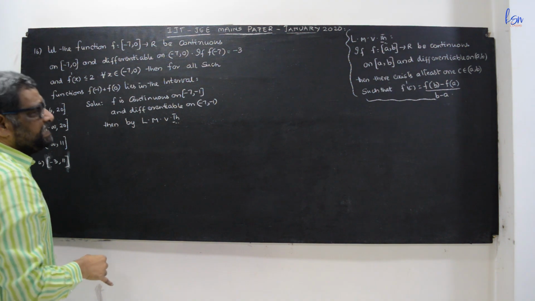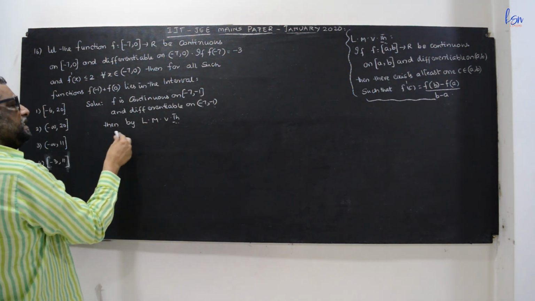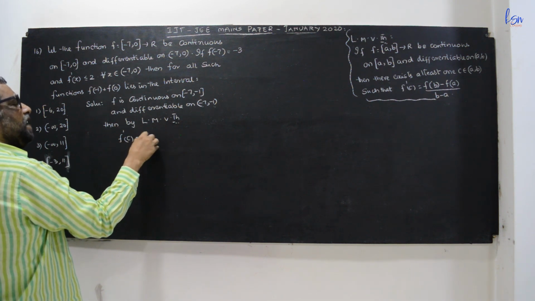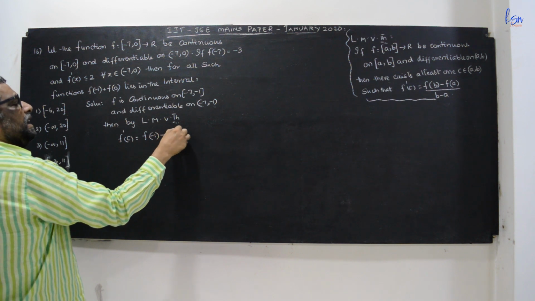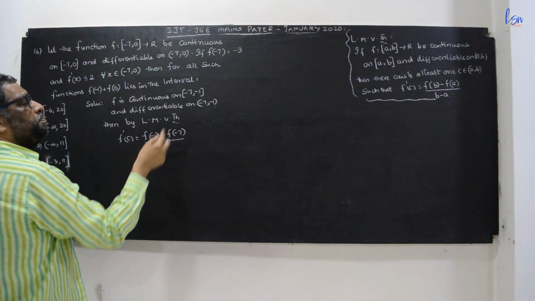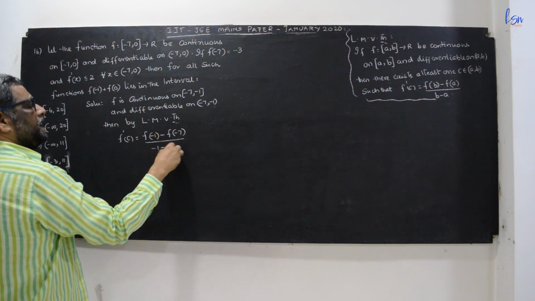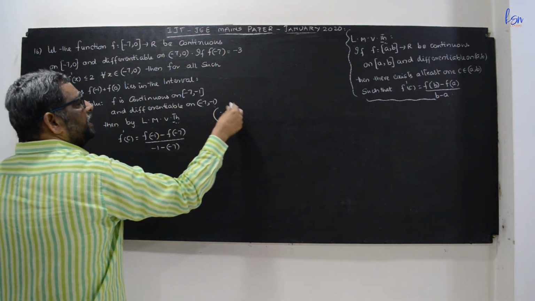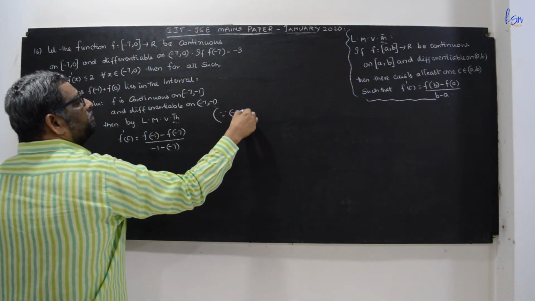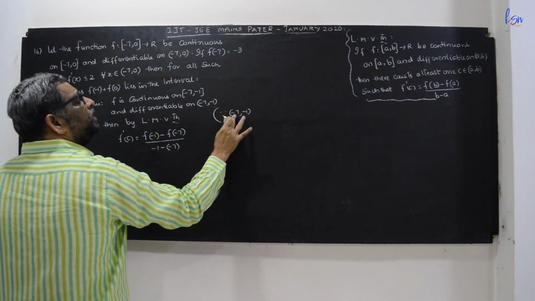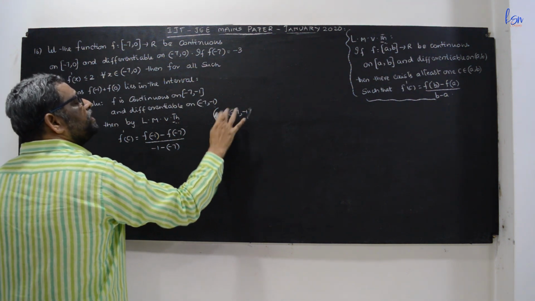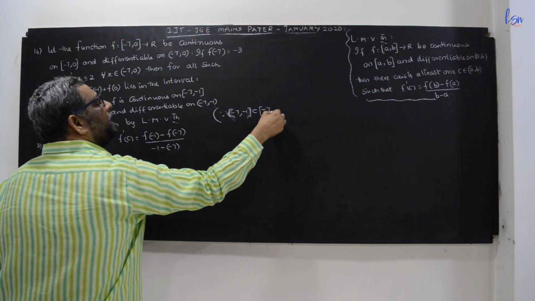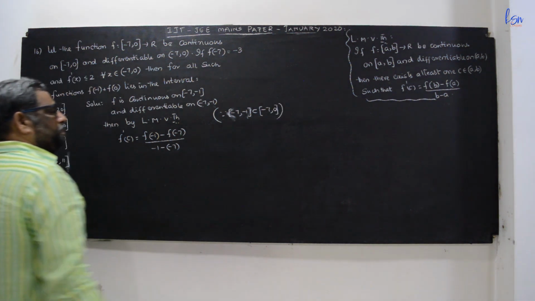there exists at least one c between minus 7 and minus 1 such that f dash c is equal to f of minus 1 minus f of minus 7 by minus 1 minus of minus 7. Since minus 7 comma minus 1, you can even take the closed interval, is a subset of minus 7 comma 0, you can apply it like this.